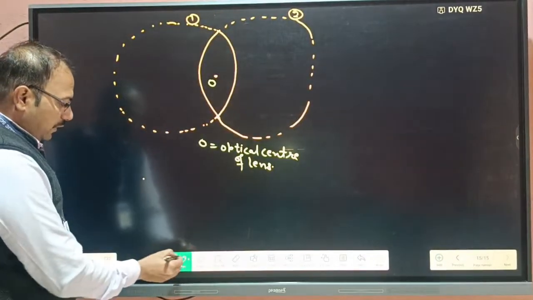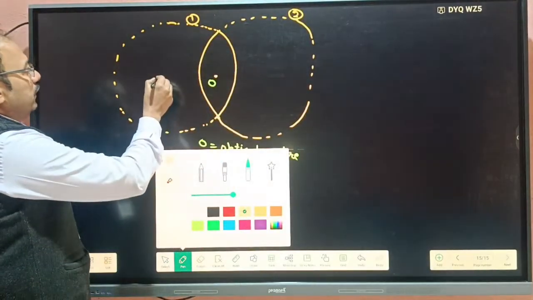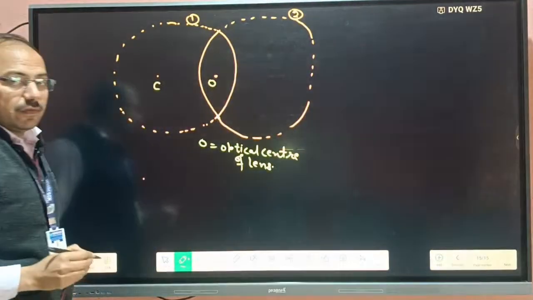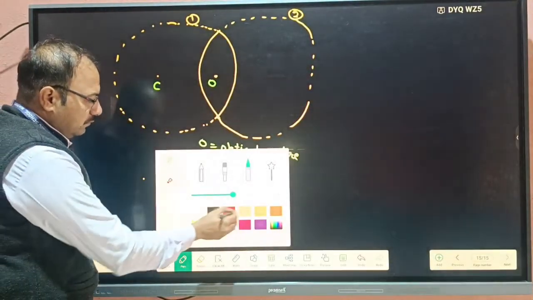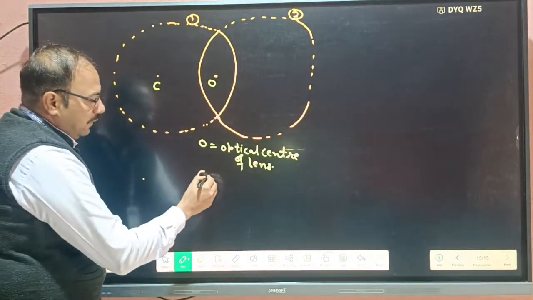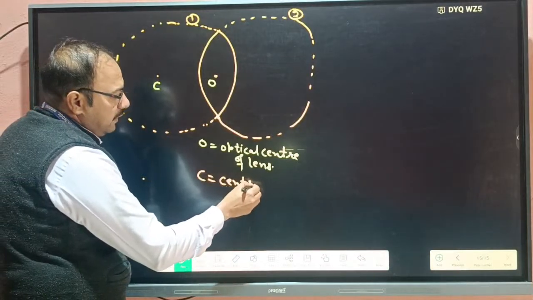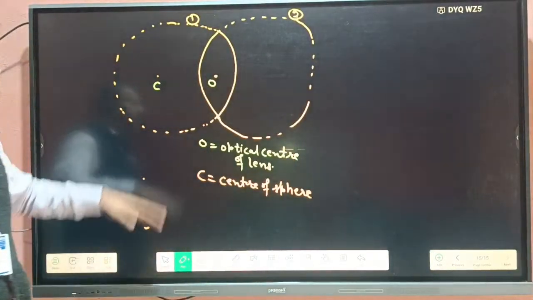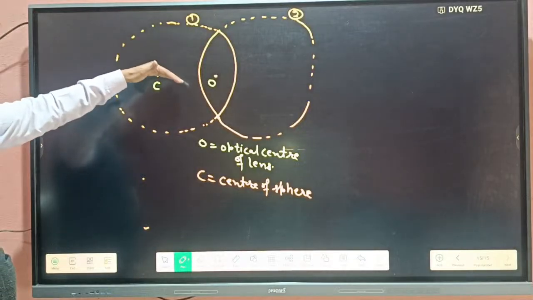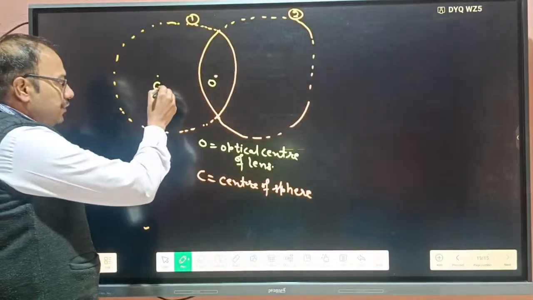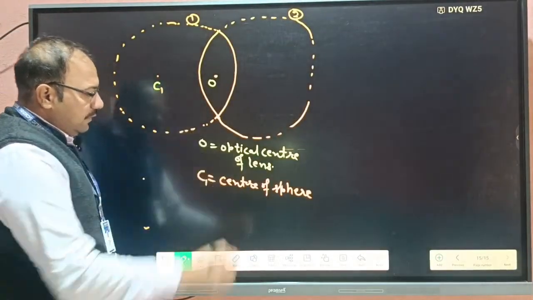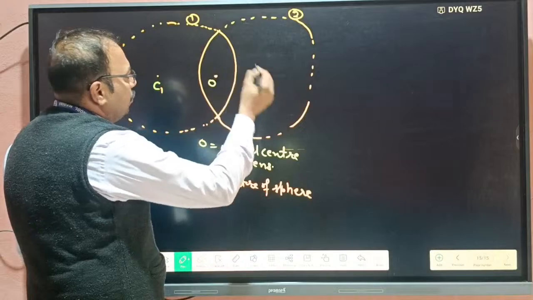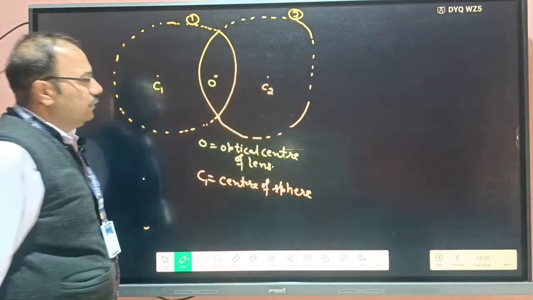That center is known as the center of sphere, C. This is the center of the sphere of the first surface, so we mark it C1. Similarly, this is the center of the second sphere, so we mark it C2.